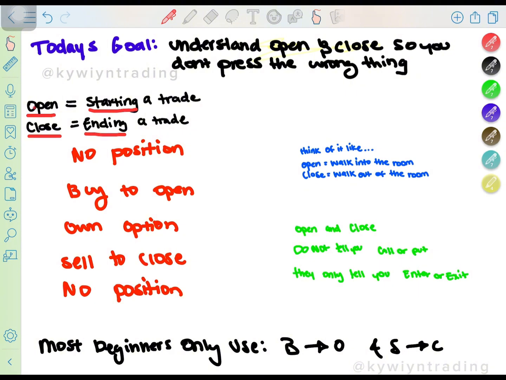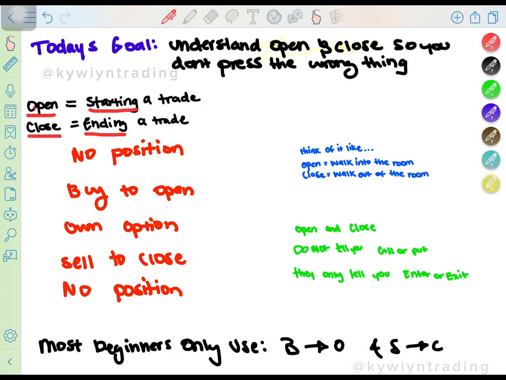The moment that you buy that contract, you're starting a brand new position. A position just means the specific contracts that you have active at a given time. You're literally opening a trade. That's why it's called buy to open, because you're buying contracts and it's opening a trade. You bought and then it opened a position.